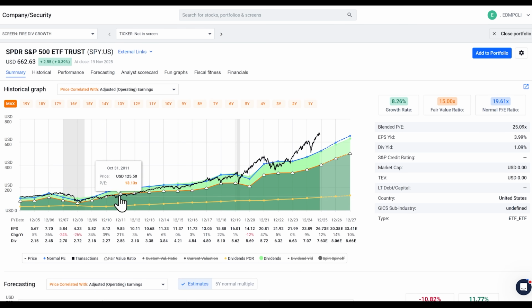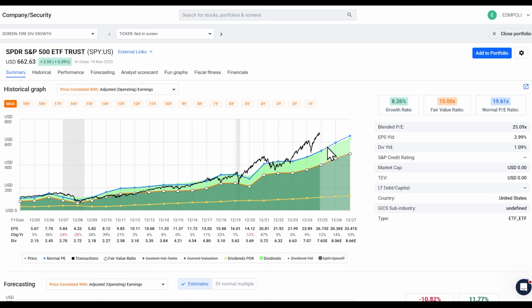And the black line is the stock price. When the price is way above the orange line, that simply tells me that the stock is trading way above its intrinsic value. And you can see there are times when it does. Now, the blue line is the normal value. The market often values things at a premium as well, and FAST Graphs reveals that as well.